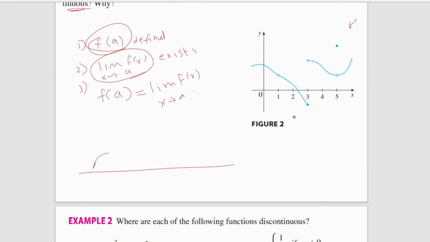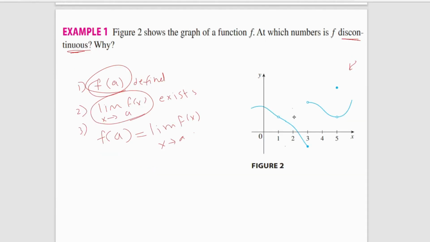In other words, if the function is continuous, it means that the graph is continuous. There are no holes, no infinite discontinuity, no jumps, meaning that the graph is not cut.